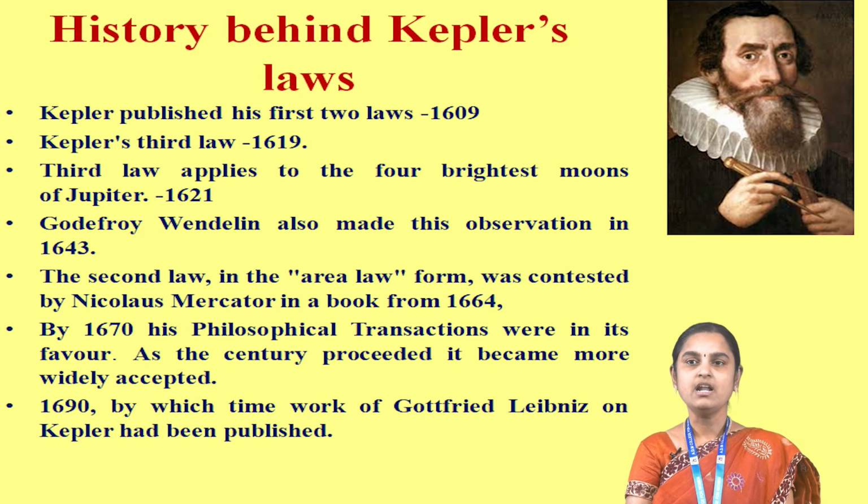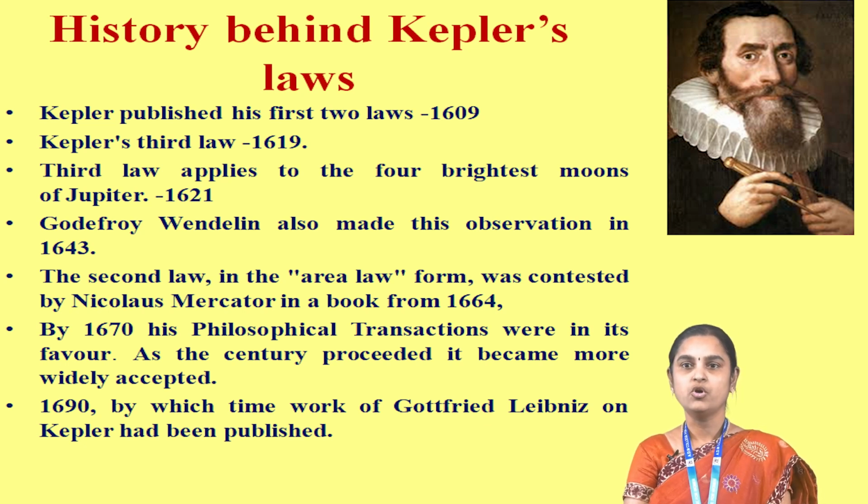In 1621, Kepler noted that his third law applies to the four brightest moons of Jupiter. Gottfried Wendelin also made this observation in 1643. The second law in the area law form was contested by Nicholas in 1664, but by 1670 his Philosophical Transactions were in its favor.